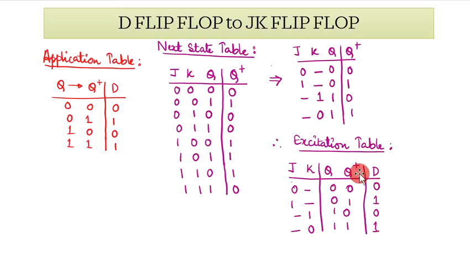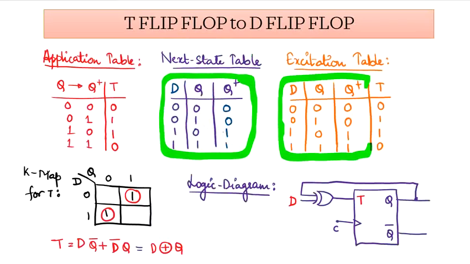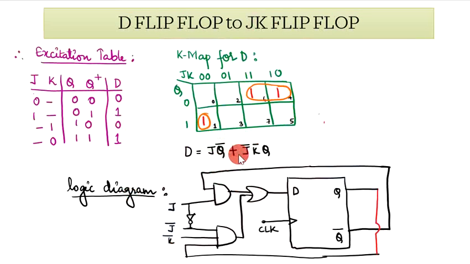Using this excitation table, you are going to use a 3 variable Karnaugh map to deduce, and you will get JQ bar plus J bar Q, K bar Q, and hence you require a 2 input AND gate, a 3 input AND gate, an inverter, and an OR gate, and this way you can obtain the logic diagram.